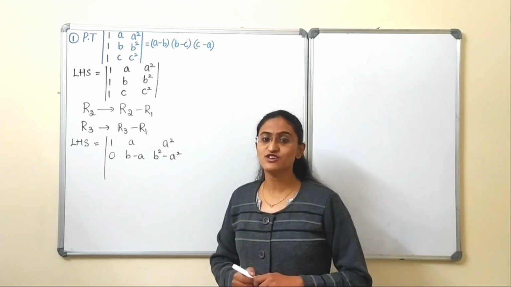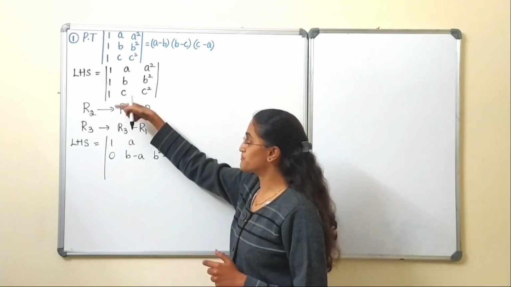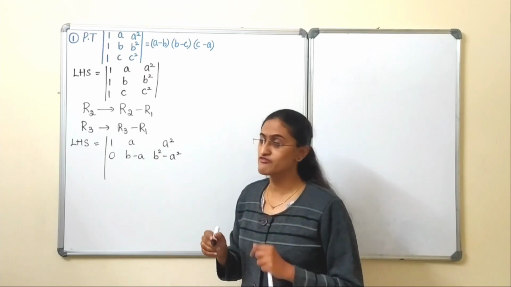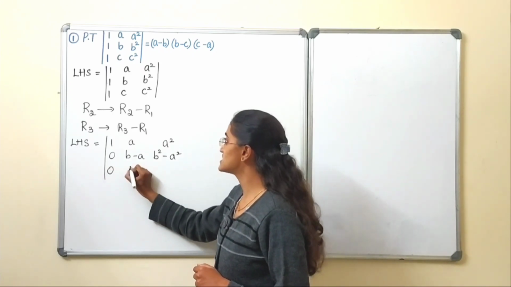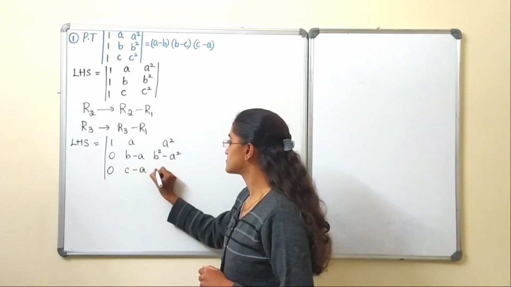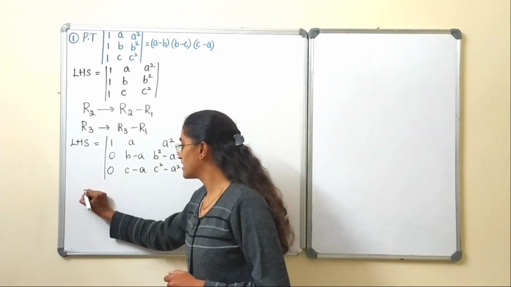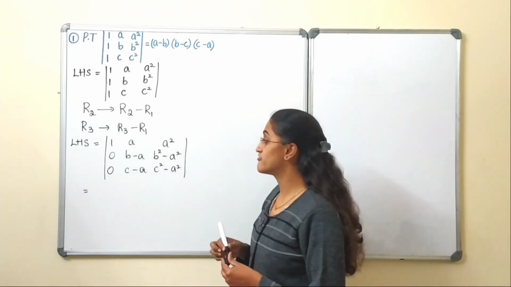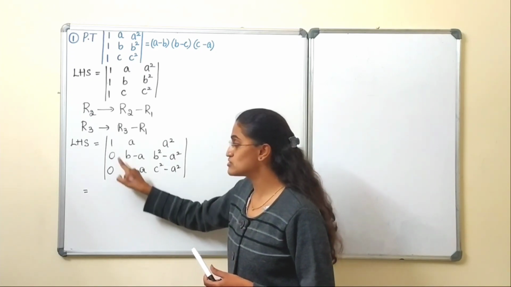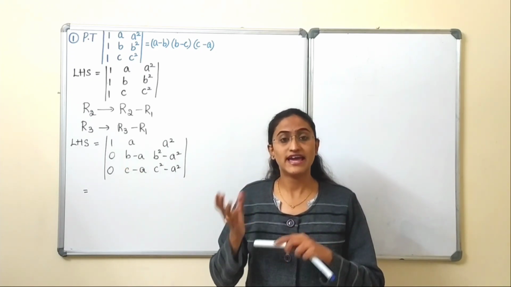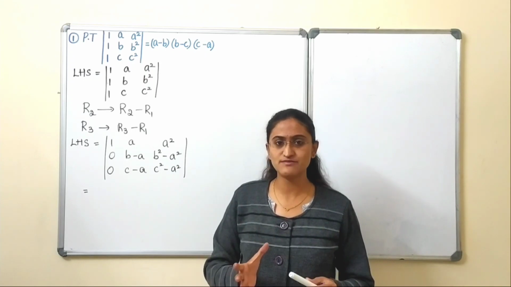We are changing row 3 as again the subtraction between R3 and R1 elements, and hence we get the following. Now, you can find that in the first column we have got 2 zeros, which helps us to expand the determinant in a much simpler way.